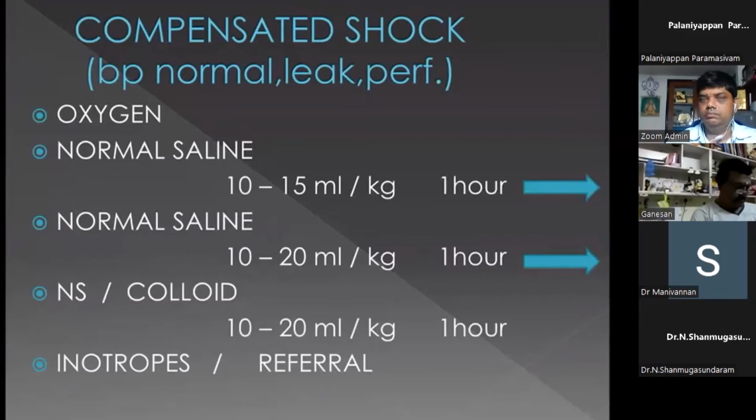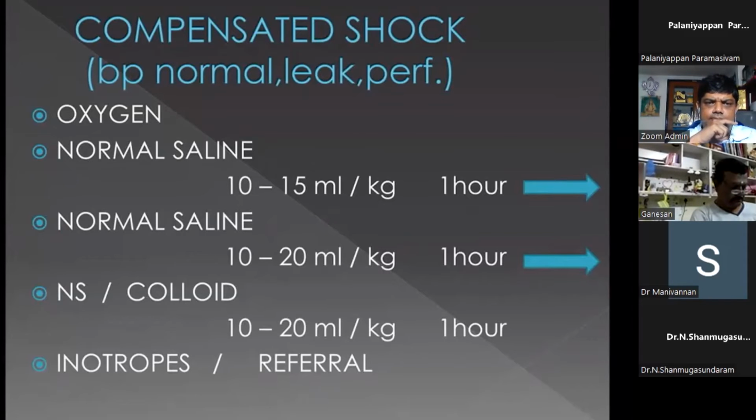If the systolic BP is maintained, but the diastolic BP is high because of the vasoconstriction, the pulse pressure will be narrow instead of 40. For example, 120 over 100. So it is an early compensated shock. Do not miss it. Checking the BP carefully is very important.